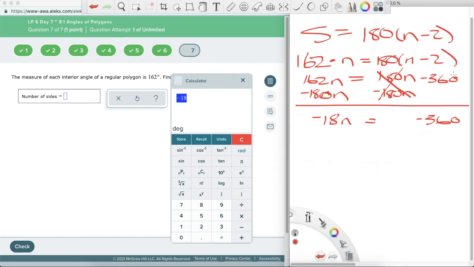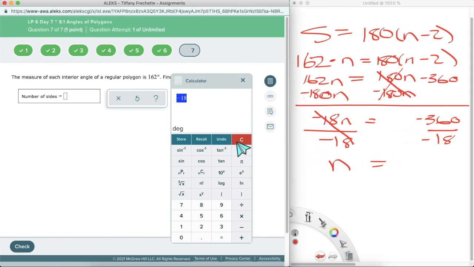And then I'm going to divide both sides by negative 18. Negative 18 cancels out, but then both of these negatives will also cancel out, because negative 360 divided by negative 18 is going to give me a positive number. So that negative cancels itself out. So the number of sides in this case is going to be 20.